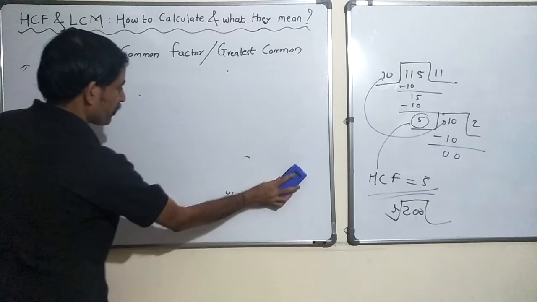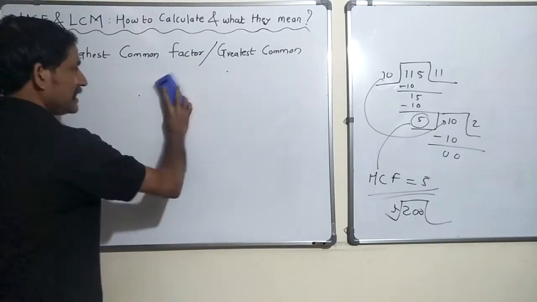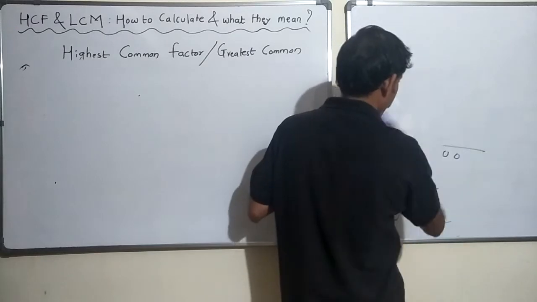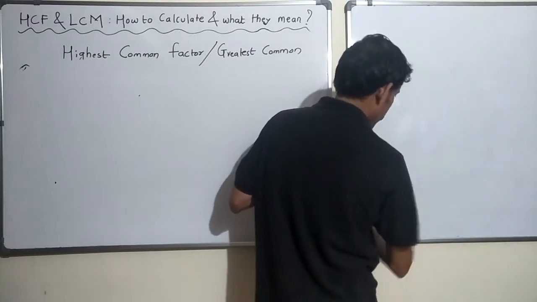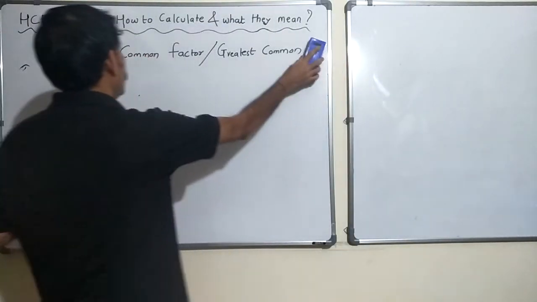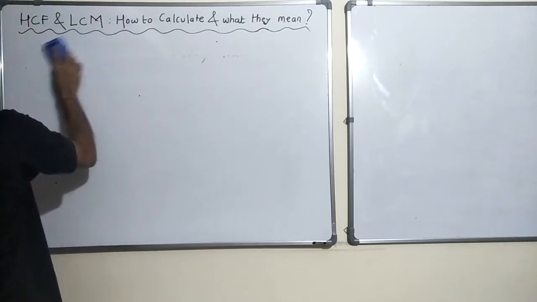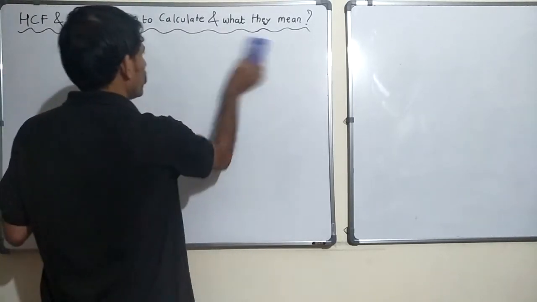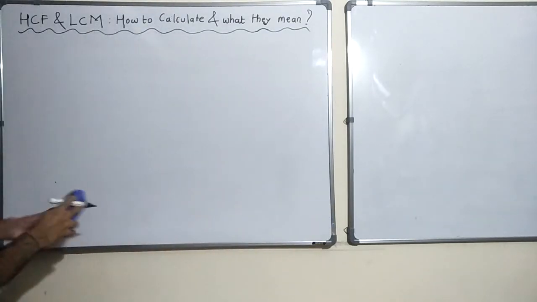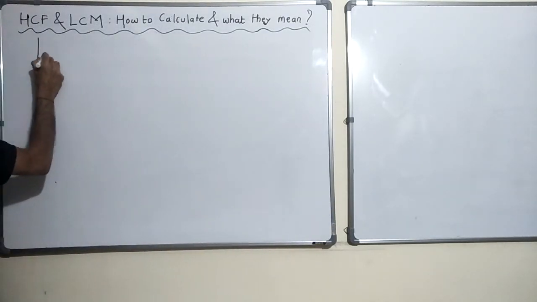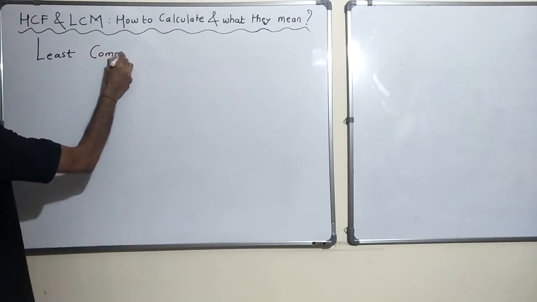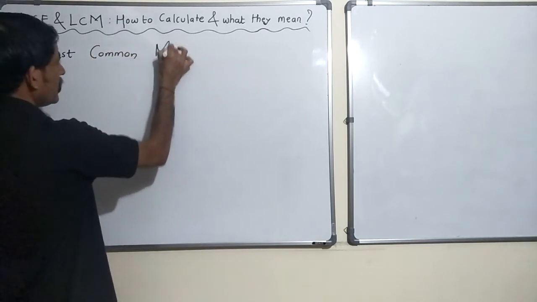Good. So let's see how to calculate the LCM. First of all, what does LCM stand for? LCM stands for least common multiple.